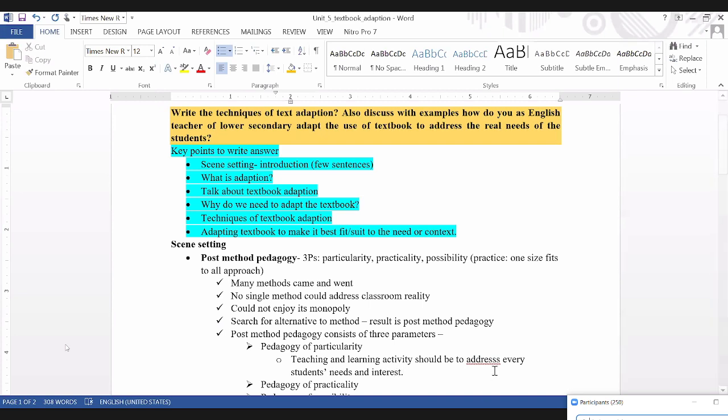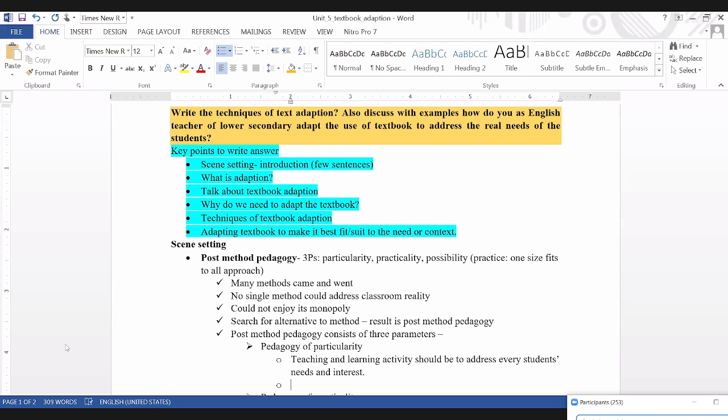Okay, so an individual student has their different interests, needs, expectations, experience. So accordingly, we have to design our classroom activities or lesson activities.